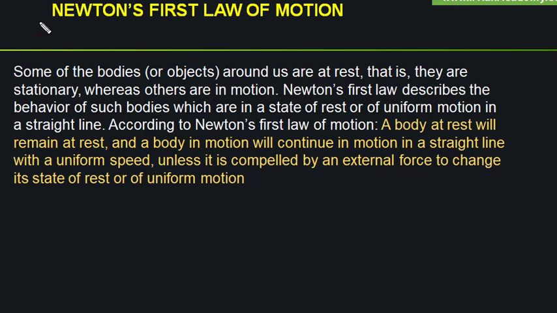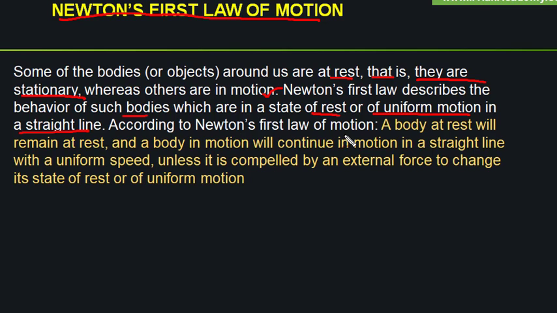Motion. Some of the bodies or objects around us are at rest, that is, they are stationary, whereas others are in motion. Newton's first law describes the behavior of such bodies which are in a state of rest or of uniform motion in a straight line.